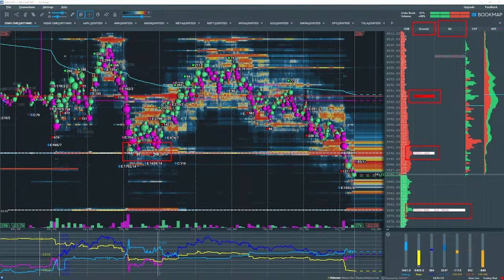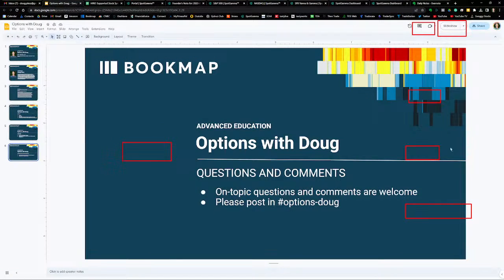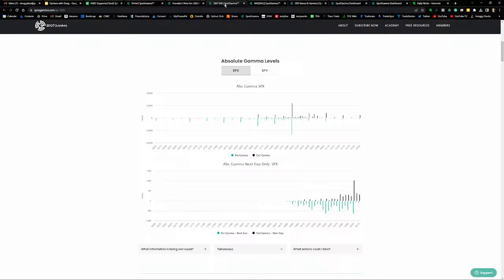All right, let's see where those levels come from. So we'll take a look at the S&P 500 absolute gamma levels. This is for SPX, showing positive gamma or call gamma above the zero level.